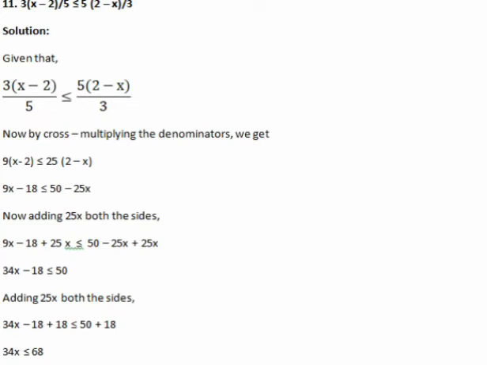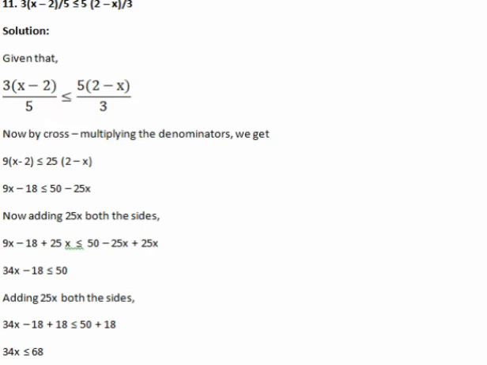Now come to the next question: (3x minus 2) divided by 5 less than or equal to (5 into (2 minus x)) divided by 3. First we do the cross multiplication: 3 times 3 is 9, 5 times 5 is 25. After that we multiply out the terms: 9x minus 18 less than or equal to 50 minus 25x, and we solve these on the same pattern.